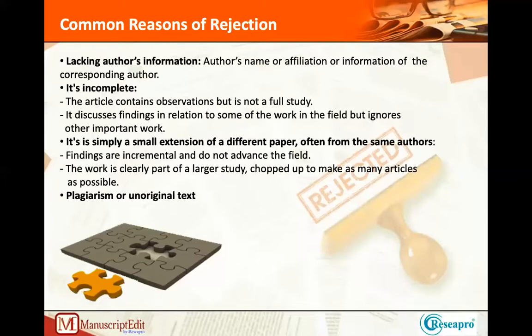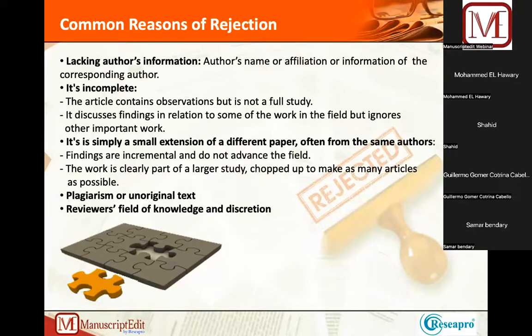Next reason could be plagiarism or unoriginal text. And the next and the last one is reviewer's field of knowledge and discretion. Sometimes, as an oversight, the manuscript may be sent to a reviewer who may not be an expert in the field of the subject under review, and he may give a casual glance to the manuscript, deciding its eventual fate.